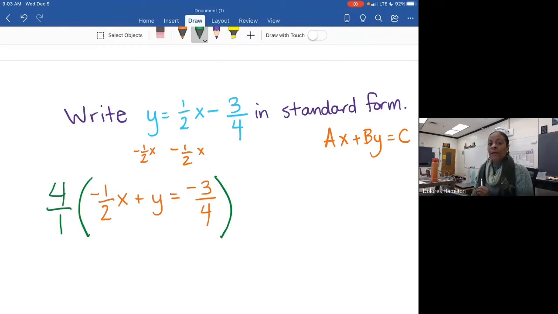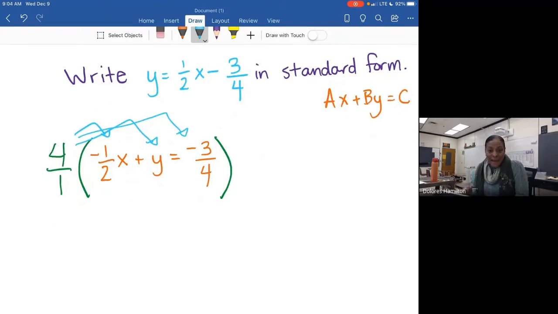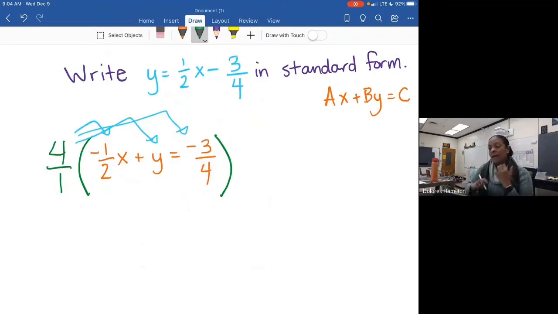And that would be 4/1, because 2 goes into 4 and 4 goes into 4. Next, we distribute the 4 to every term in that equation. Now, you notice that the 4 is going to conveniently eliminate all of the denominators from my fraction.